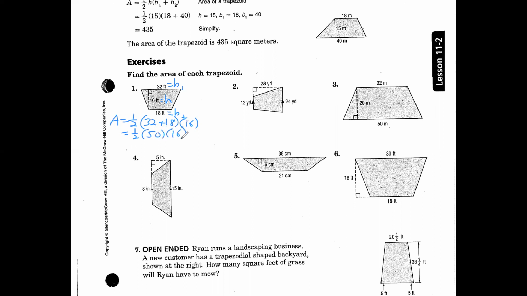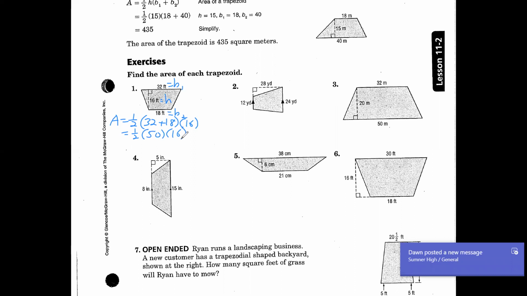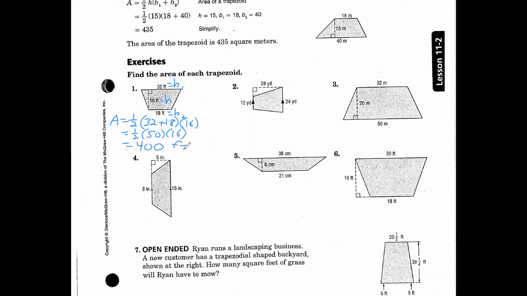Again, it doesn't matter what order you multiply those in. So I could say 1/2 of 50, which is 25, and 25 times 16, or 1/2 of 16, which is 8, and 8 times 50. Either way, you get 400. And this would be feet squared.